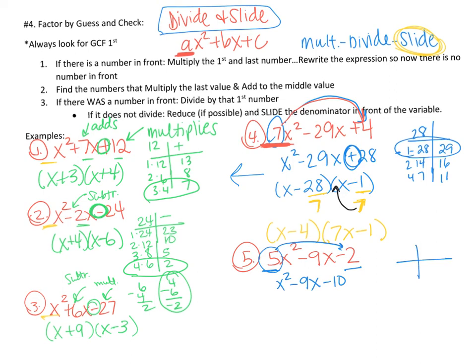I want numbers that multiply to 10, and because it's negative, they're going to subtract to be 9. So I've got 1 times 10, 2 times 5. I'm going to be subtracting those, and I'll end up with 9 and 3. If I want a negative 9, that means I'm going to do 1 minus 10 to give me a negative 9. So I'm going to have 1 and negative 10.